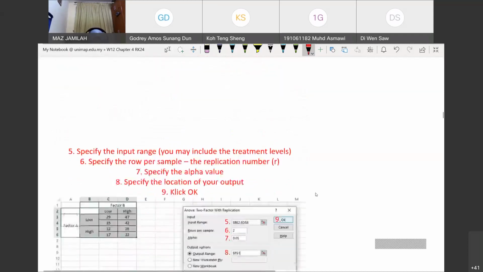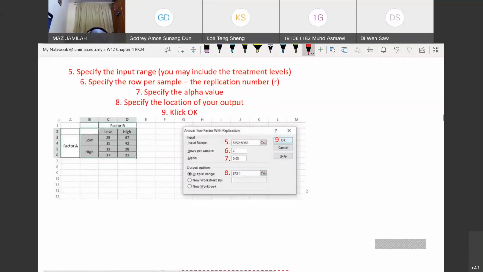Once you click OK, you will have this pop-up come up for you. Begin by specifying the input range. What will be your input range? This will be your input range. You can select this, or you can select only this. That will be fine, both are acceptable.